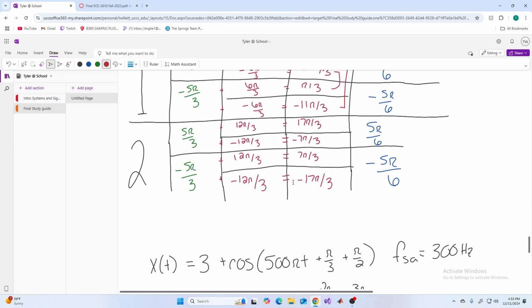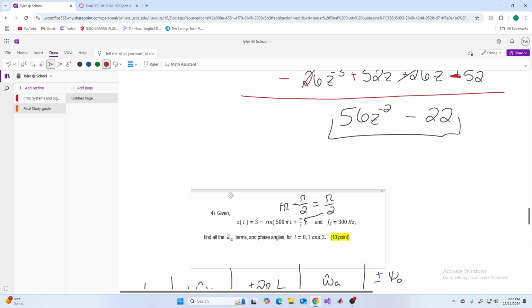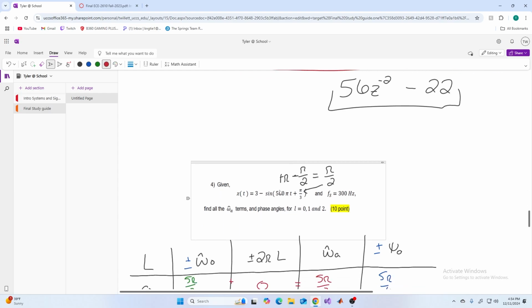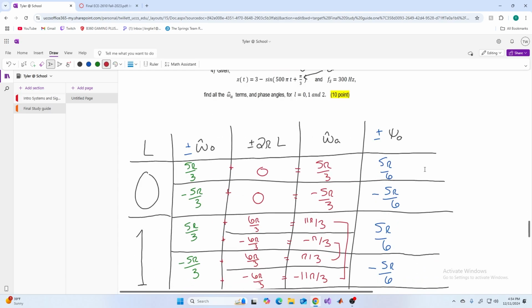But just remember, step by step. First thing we do, convert your x sub t into your positive cosines only. To convert this to cosine, we subtract pi over 2. To convert this to a positive, we add a pi, and that's why we have pi over 2.